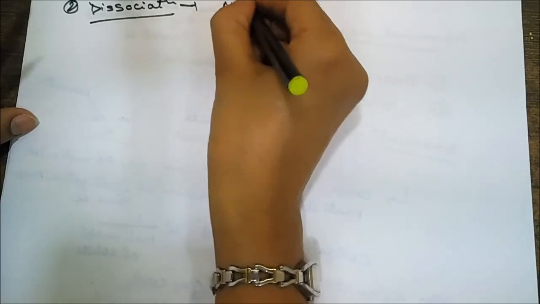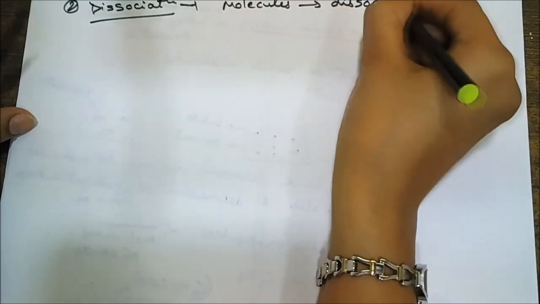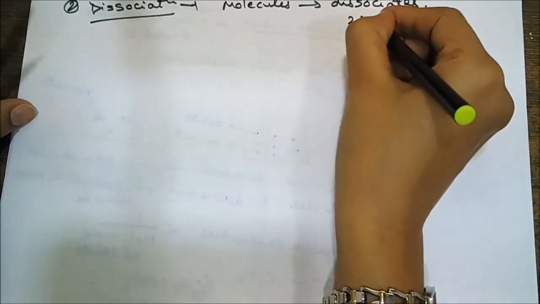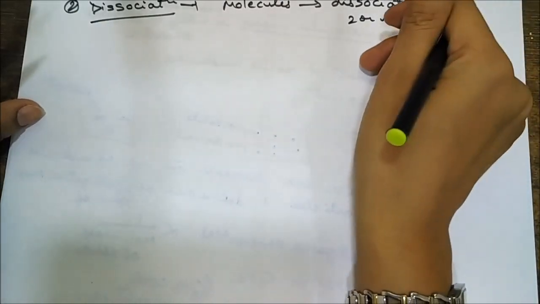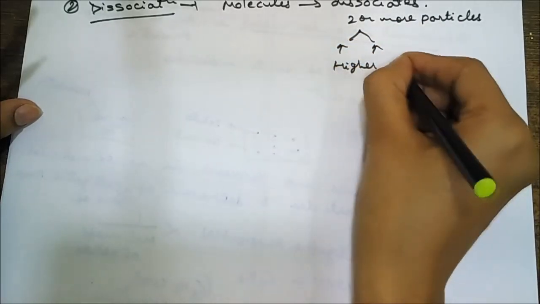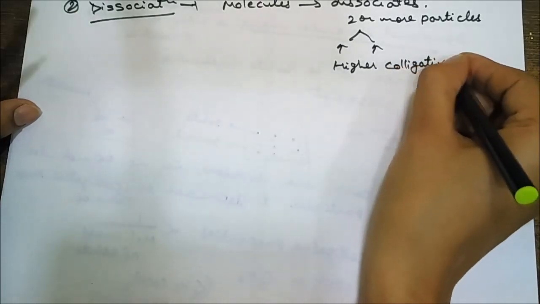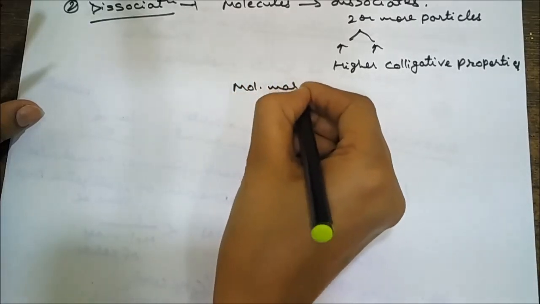Now the next is dissociation. When a molecule dissociates to give two or more particles, it will exhibit the higher value of colligative properties, and the molecular mass will get lowered.